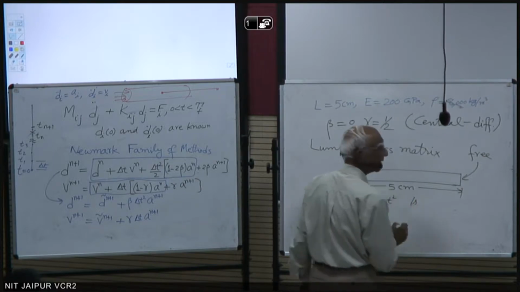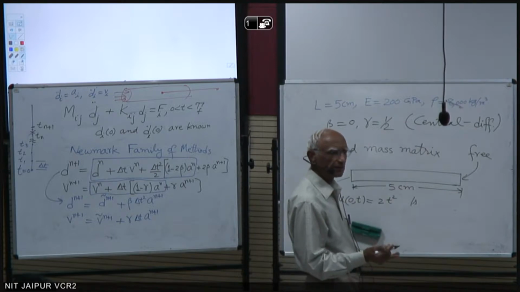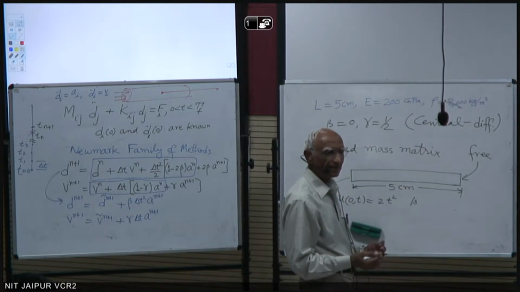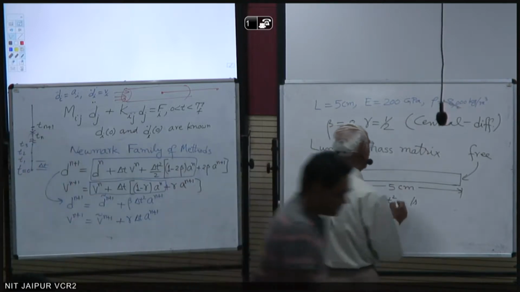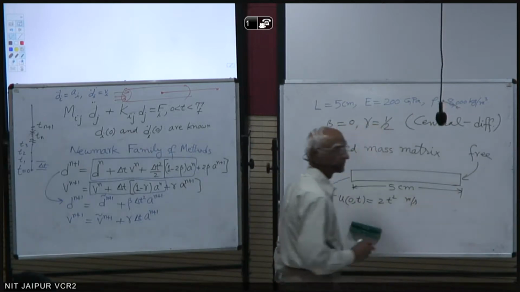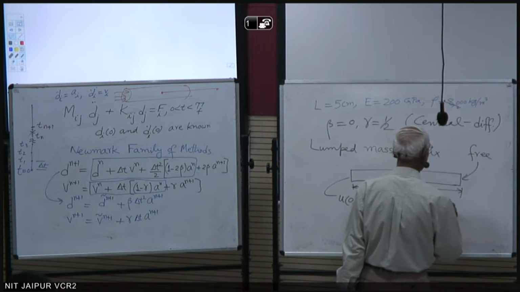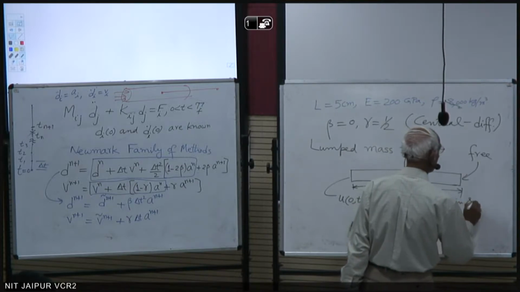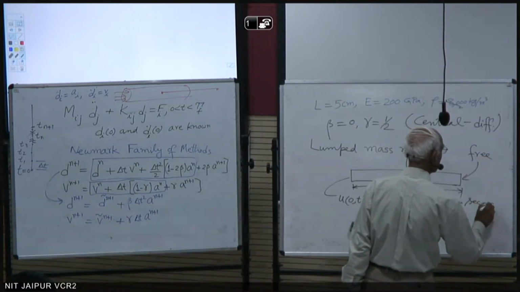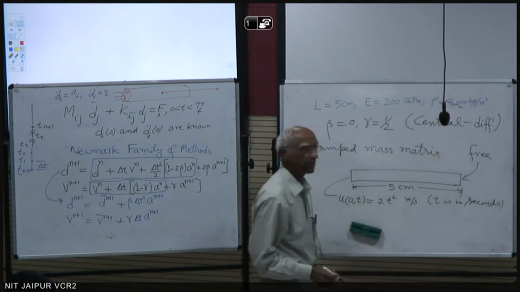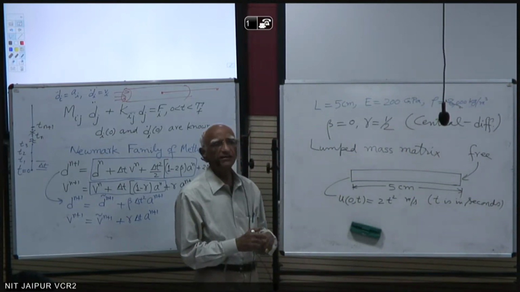Actually, if we want to make it really good, we should say kilometers per second, but that will be stretching things a lot. So let's say meters per second, and time t is in seconds.